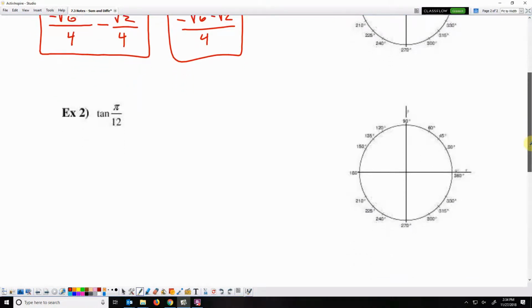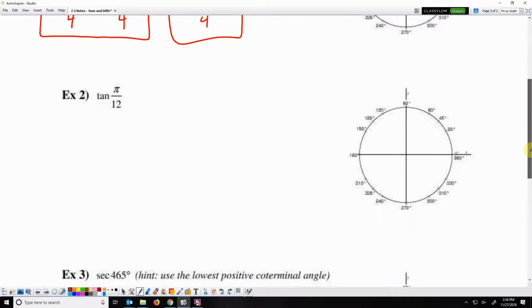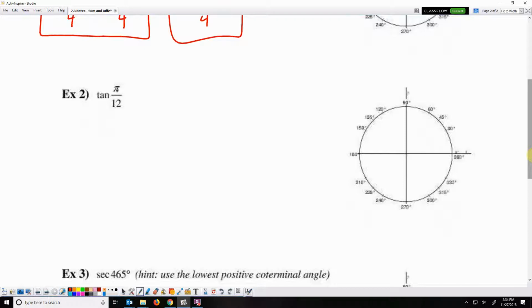Tangent. Now when we do tangent, it's going to get a little bit longer. So we want to make sure we are not writing too large. Okay, and this one happens to be in radians. Pi over 12. So we need to rewrite these as radians, and I think we can get away with just doing the top.